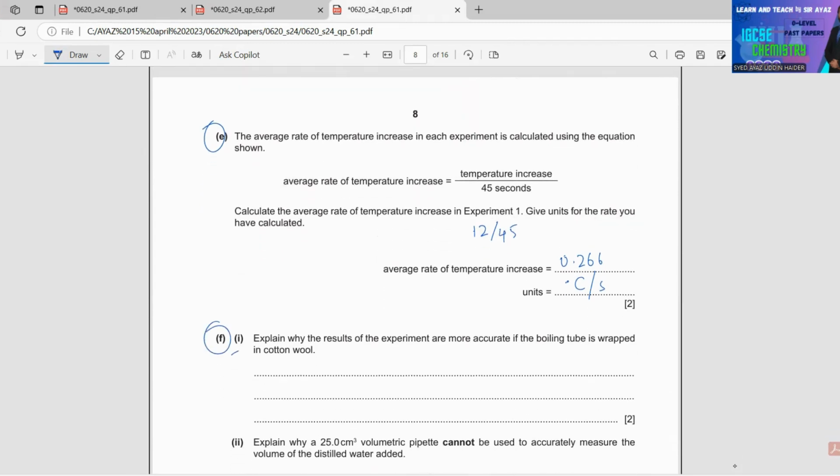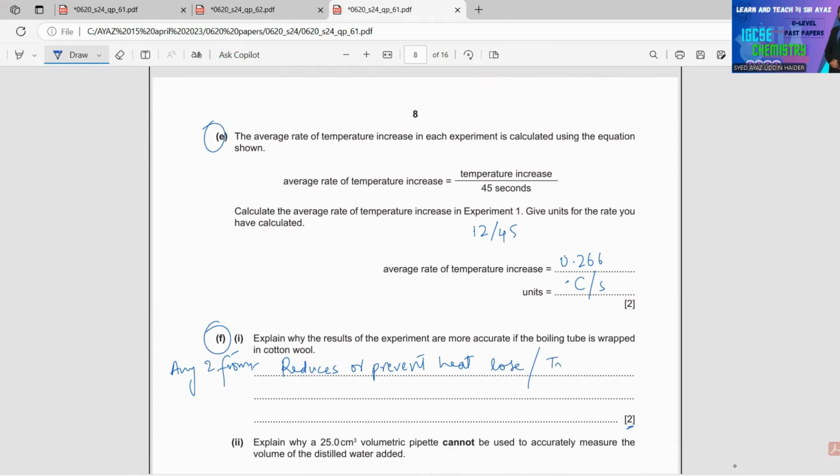F. Part 1. Explain why the results of experiment are more accurate if the boiling tube is wrapped in cotton wool. It's of 2 points, so you have to give 2 points here. Any two from. Definitely, it reduces or prevents heat loss. What else you can write?